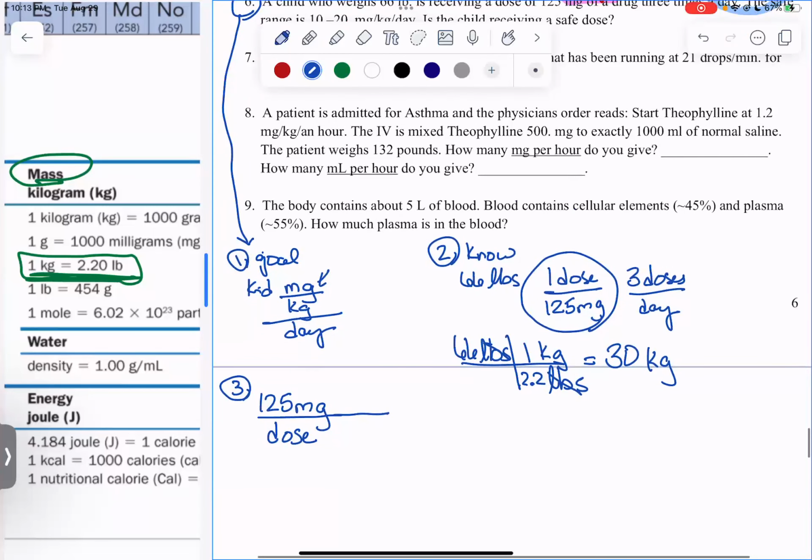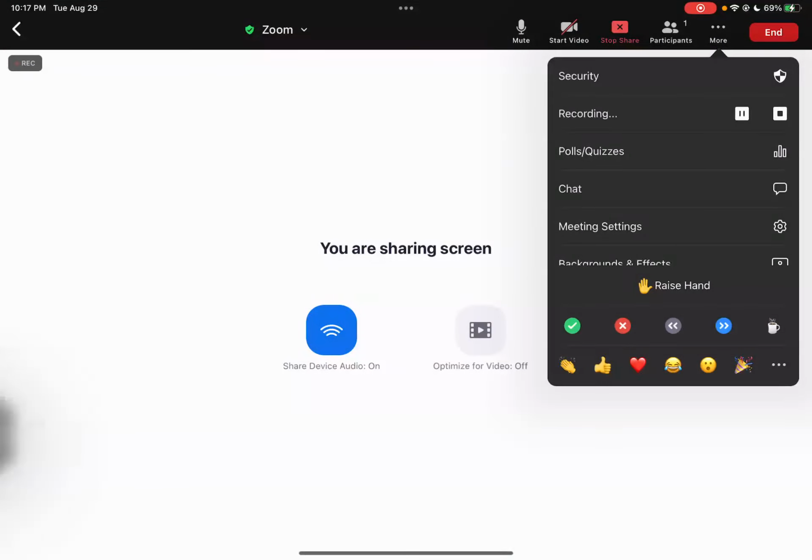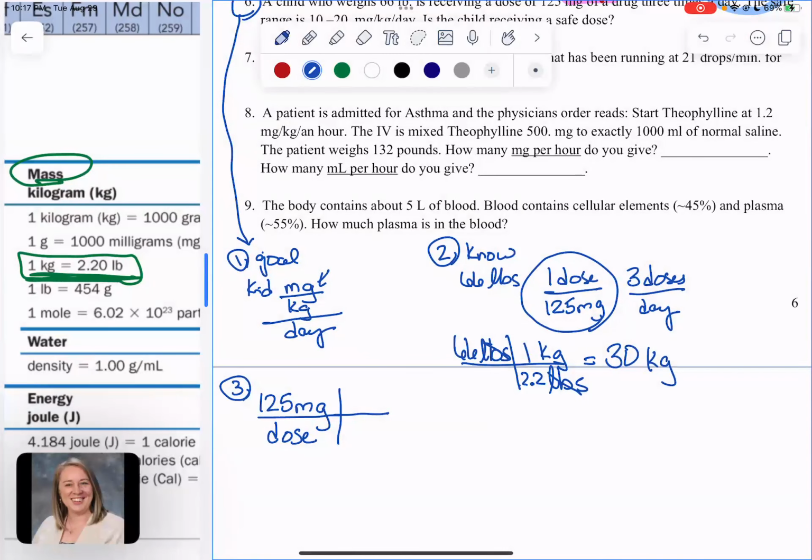So what we can do is we can say, we're supposed to give them 125 milligrams per dose. So we want to get rid of dose because that's not in our thing, and we want to go to kilograms. So we know our kid is 30 kilograms. We have 125 milligrams per dose.